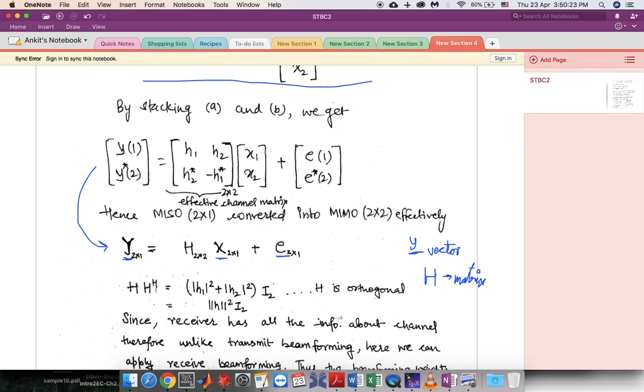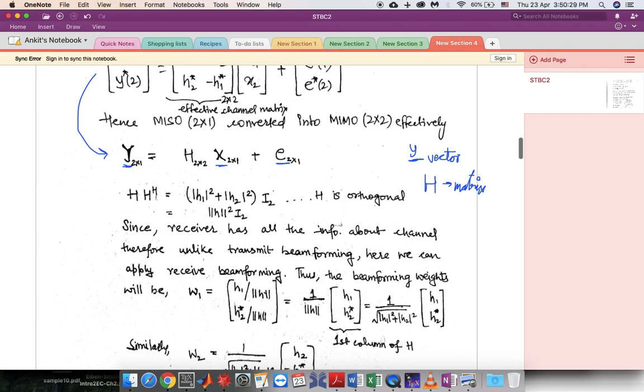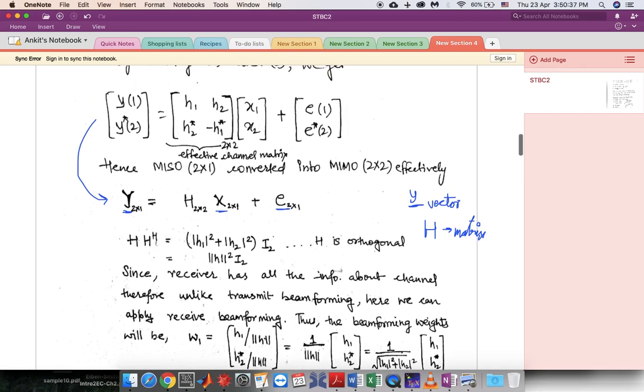So the interesting observation is this: H into H Hermitian is orthogonal, which yields the norm square of H times I2. I2 is an identity matrix, right? This is your H matrix. So if you do this operation of H into H Hermitian here, you will get the norm square of H into I2.